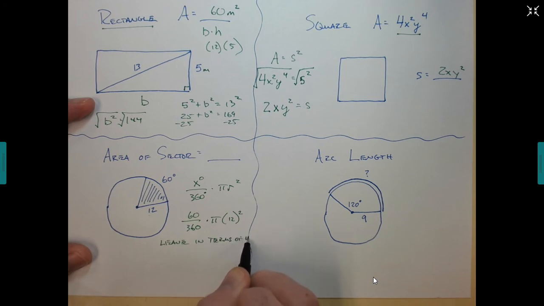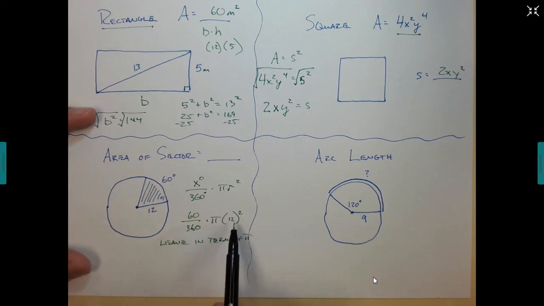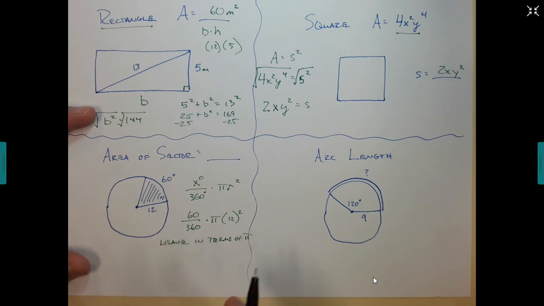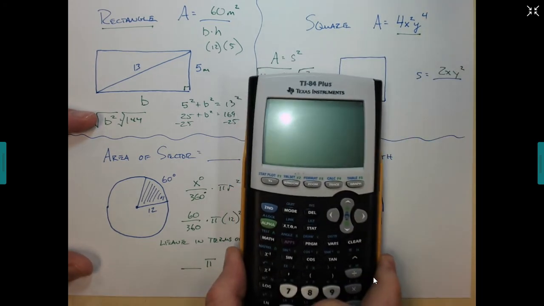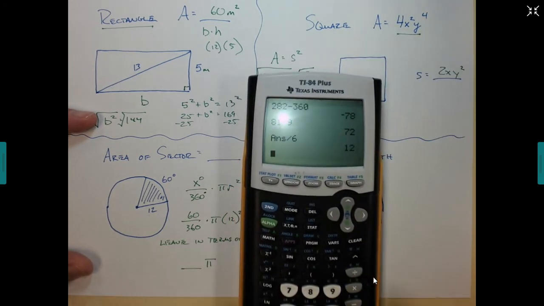You need to know what that means. It means we do all the mathematical work and leave pi separate from our mathematical work. The calculator can really help you a ton on these. So we have 60 divided by 360 times 12 squared, which happens to be 24.